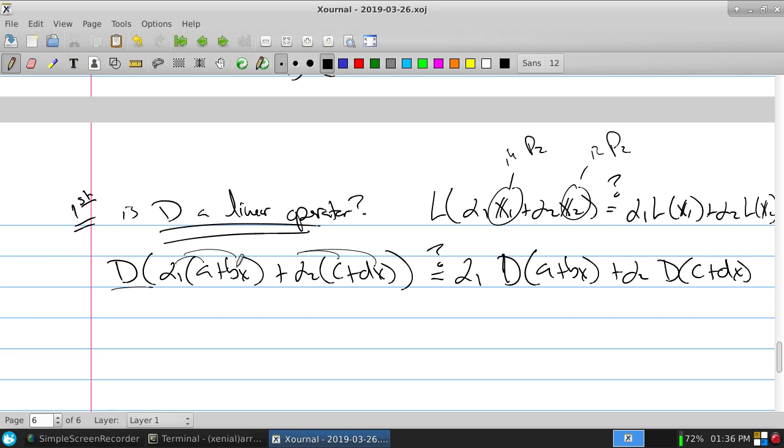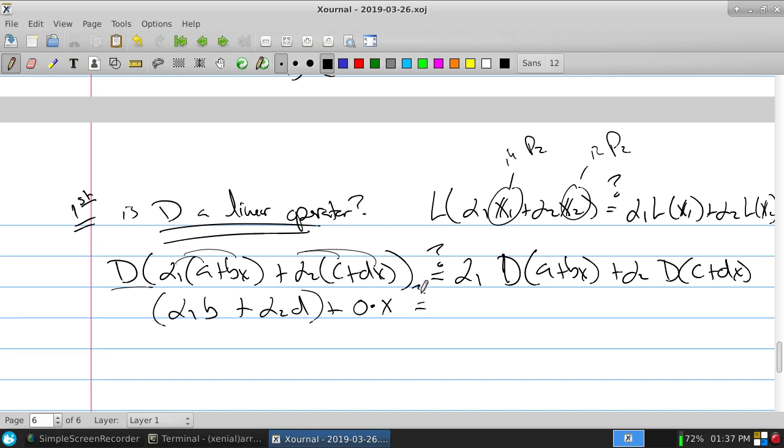What's going to be the derivative of this? Alpha 1b. And so this would be alpha 1b plus alpha 2d plus, how many x's do you see? 0x. It's a little important. You always have to write it in two terms. What are the constants? Alpha 1b plus alpha 2d.